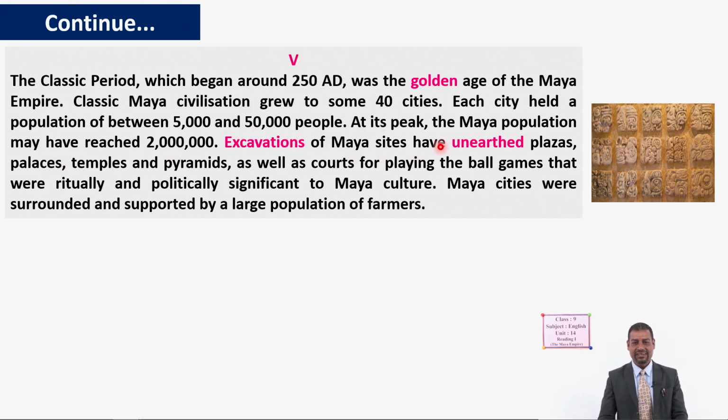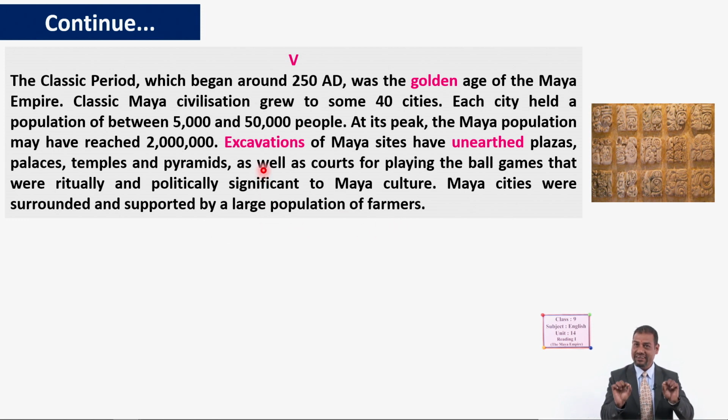At its peak, the Maya population had reached 20 lakhs. Excavations of Maya sites have unearthed plazas, palaces, temples, and pyramids, as well as courts for playing ball games that were ritually and politically significant to Maya culture. Maya cities were surrounded and supported by a large population of farmers.